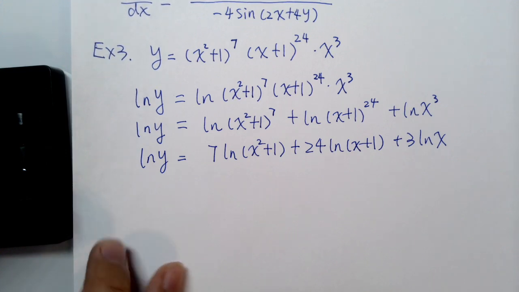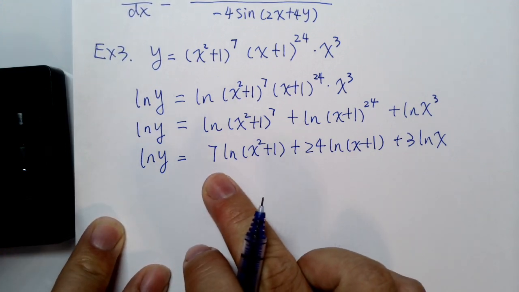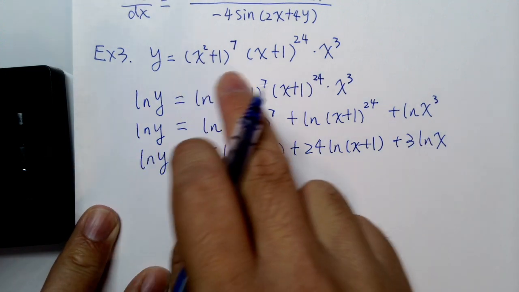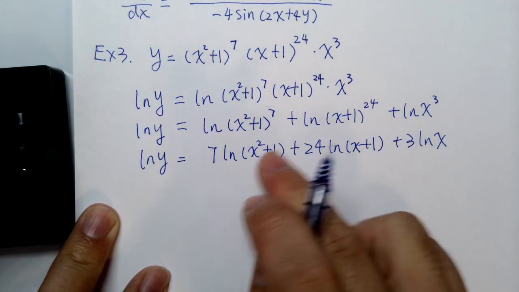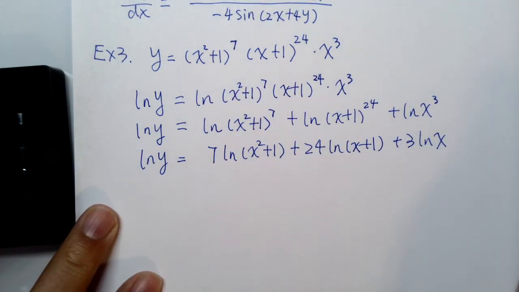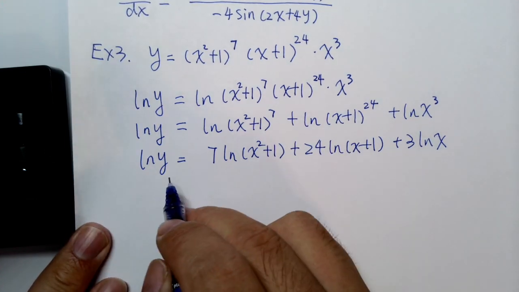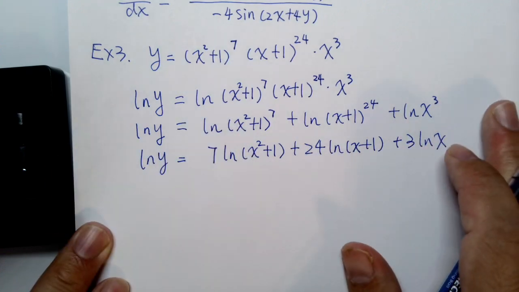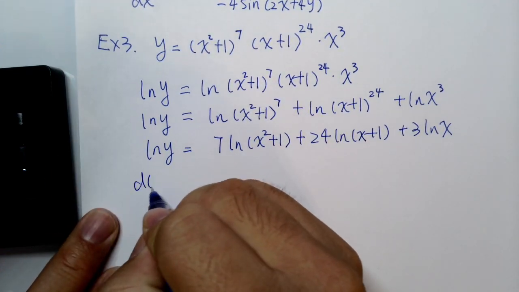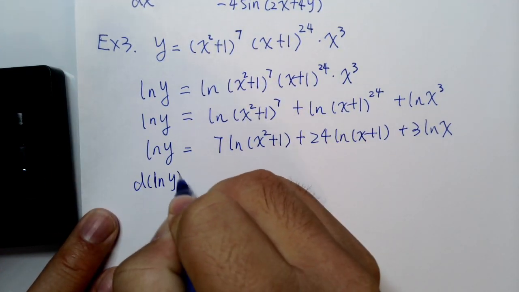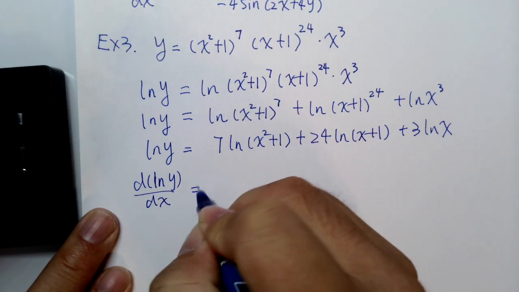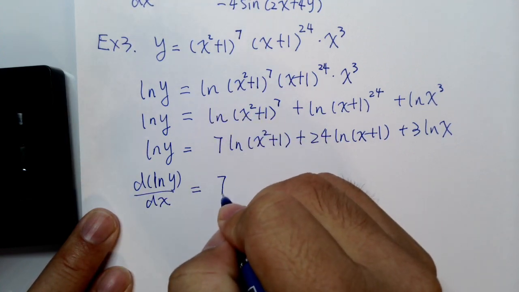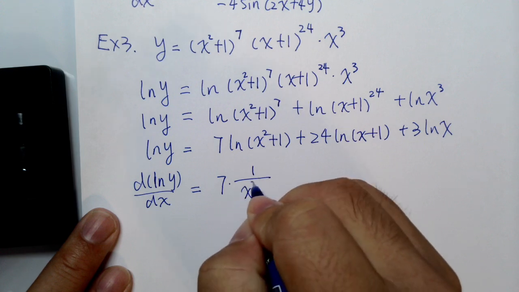Now look at what we have on the right hand side compared to the original one. The derivative for each piece is pretty straightforward. So now we take the derivative with respect to x on both sides. So d ln y over dx equals, the derivative of this is 7 times 1 over (x squared plus 1).